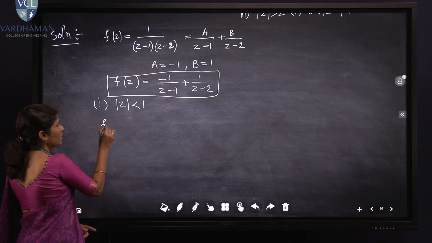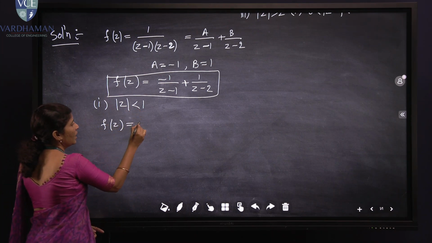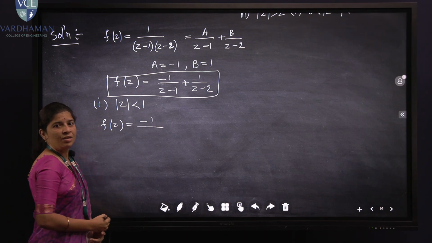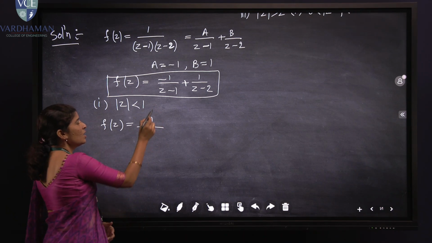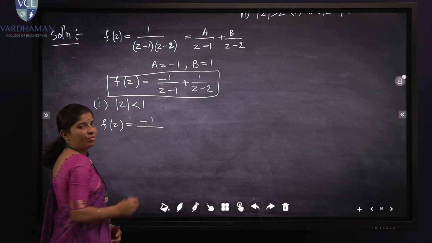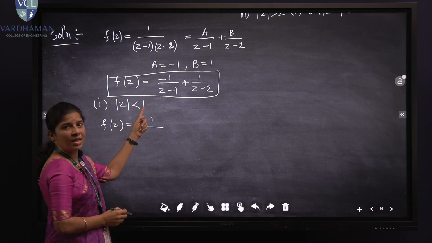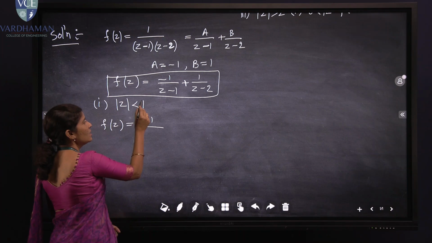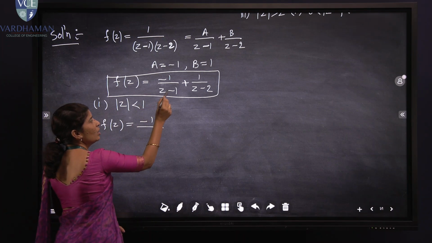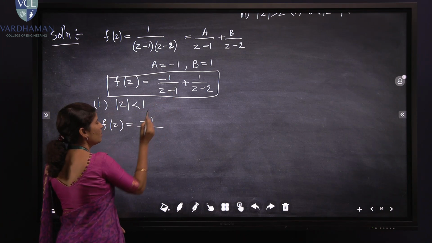That is, f of z is equal to minus 1 upon, and in this, if we want to get the Laurent series, first we have to check z and 1, and it is clearly mentioned modulus of z value is less than 1. Modulus of z less than 1 means 1 is the greater value. If 1 is greater, here we have to take minus 1 common.